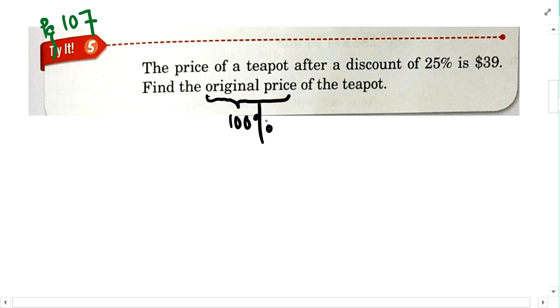But there was a discount of 25%. So if there's a 25% discount, how many percent is that? If there is a discount of 25% from the original 100%, so how many percent is that?